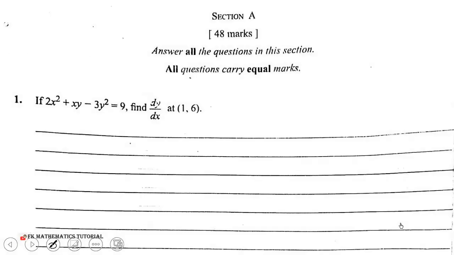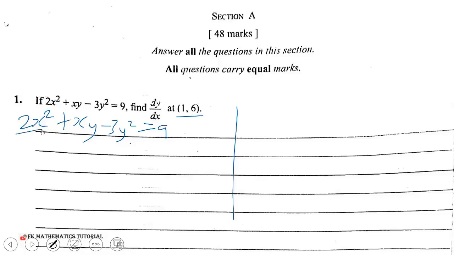So the question given to us is this: 2x squared plus xy minus 3y squared is equal to 9. And we are finding dy/dx at the point (1, 6). So this is an implicit differentiation. And you recall that we are differentiating with respect to x.